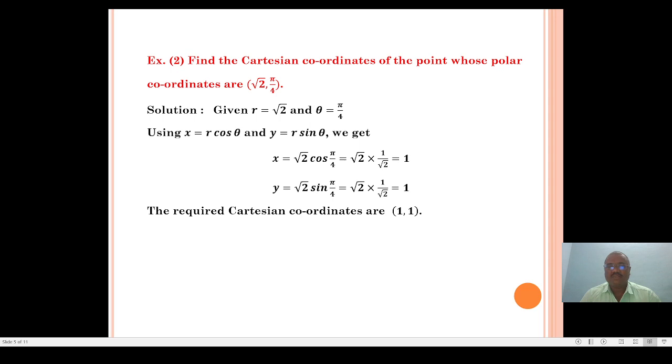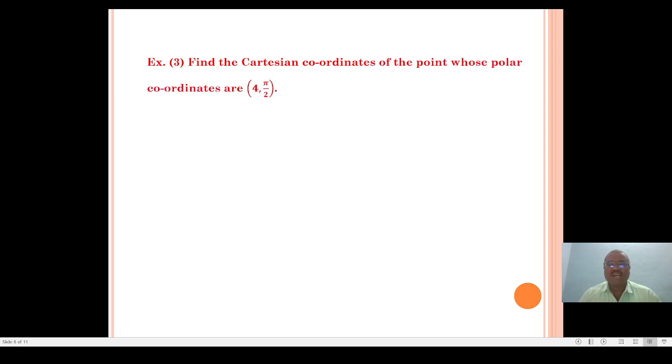Now see the next example, same form. Find the Cartesian coordinates of the point whose polar coordinates are (4, pi by 2). So we have r equals 4 and theta equals pi by 2.